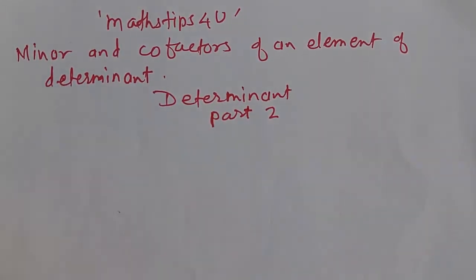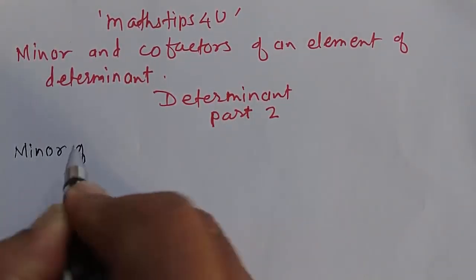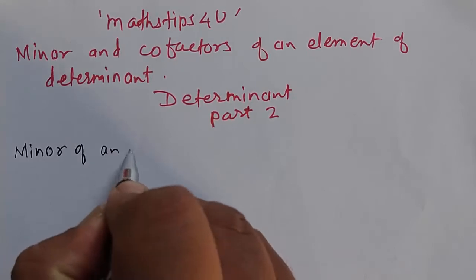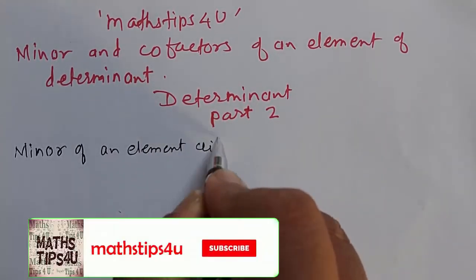Now, minor of an element. We take element Aij.